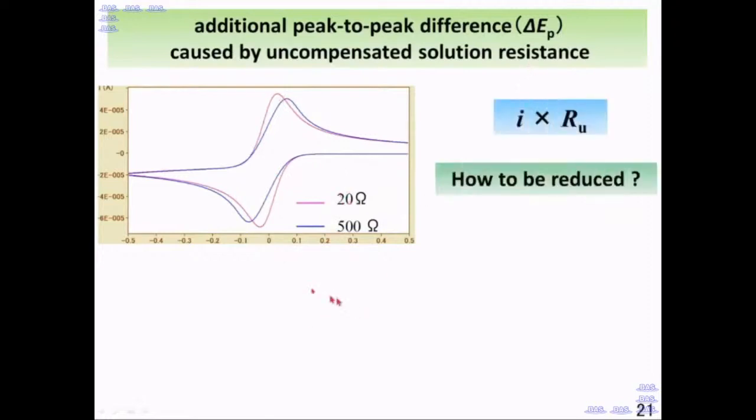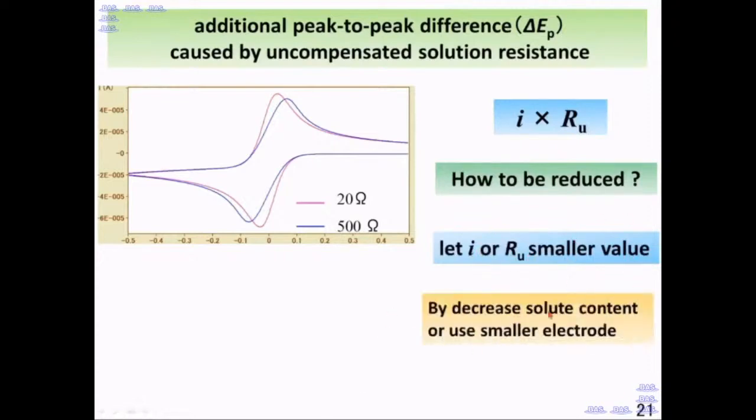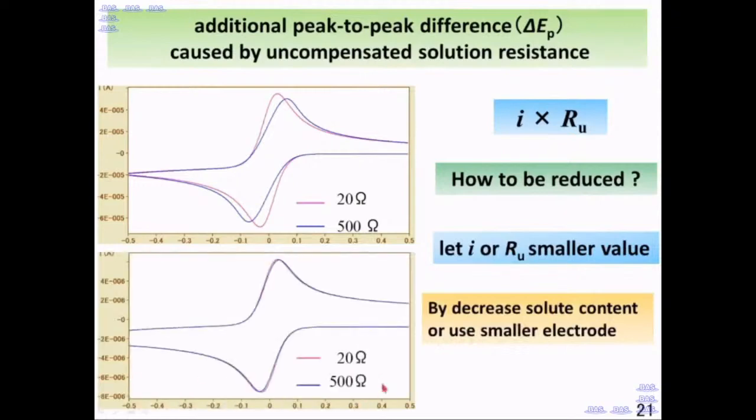How can it be reduced? Make the electrochemical current or RU a smaller value by decreasing the solute content or using a smaller electrode. This is a simulation with a small electrode.